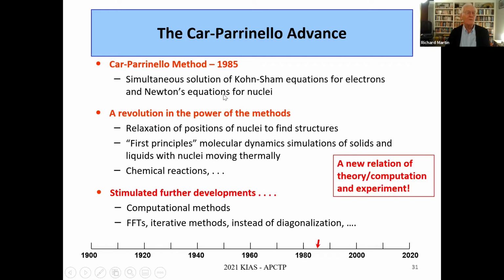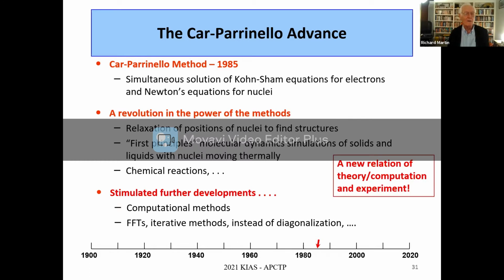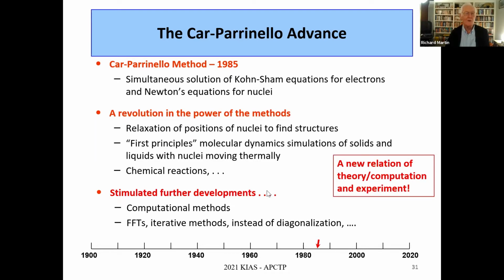In fact, the actual way they solved the problem is not used very much anymore, but the ideas they had for how to make the methods efficient are the basis of most of the methods used today that have made the calculations so efficient and so applicable to large complex systems.